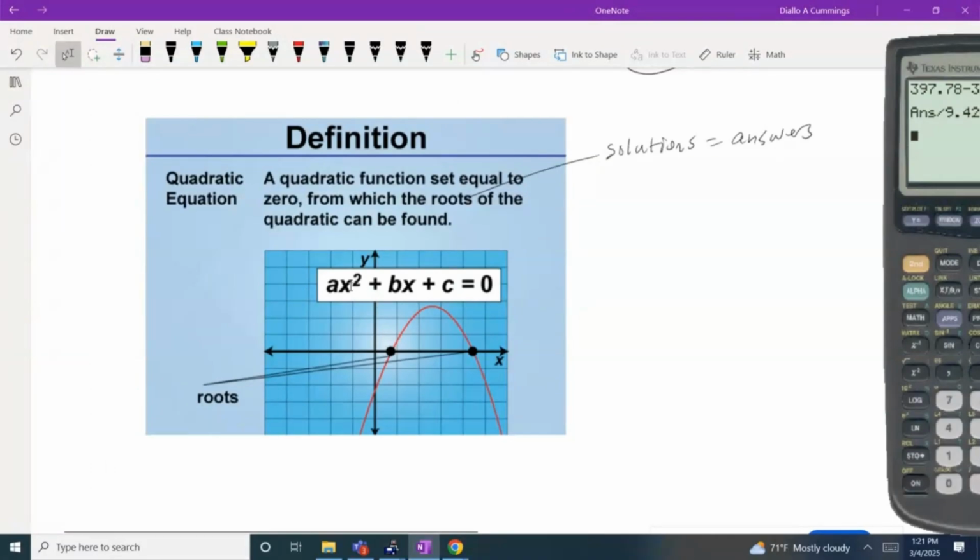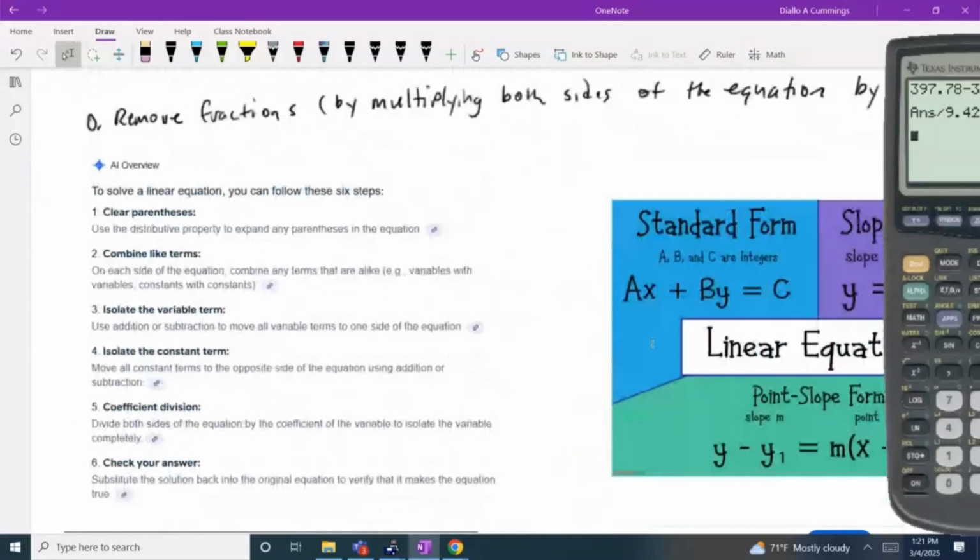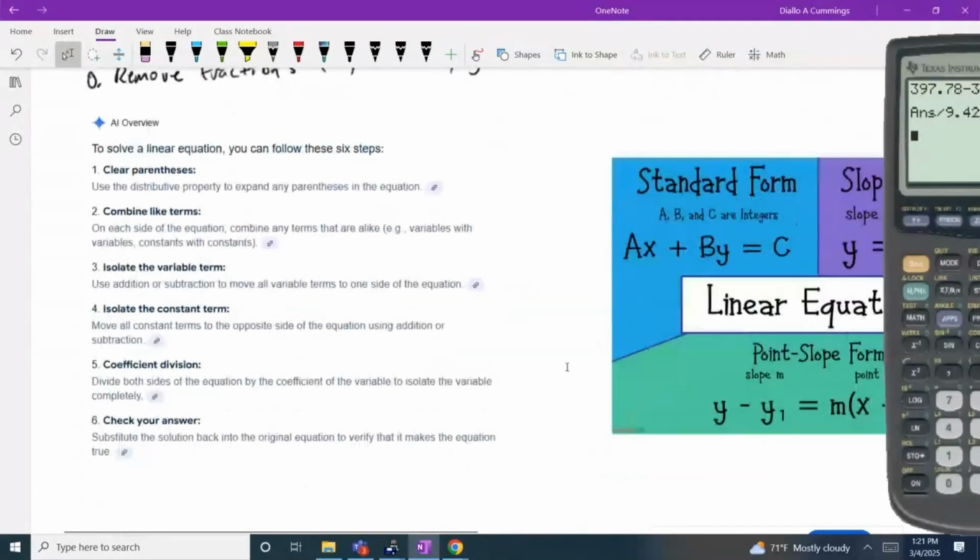Another thing, notice that for quadratic equations, they're going to have exponents raised to the highest power of 2. So notice if I go back to the linear equations, we didn't have any exponents larger than 1. So that's what makes a linear equation linear.